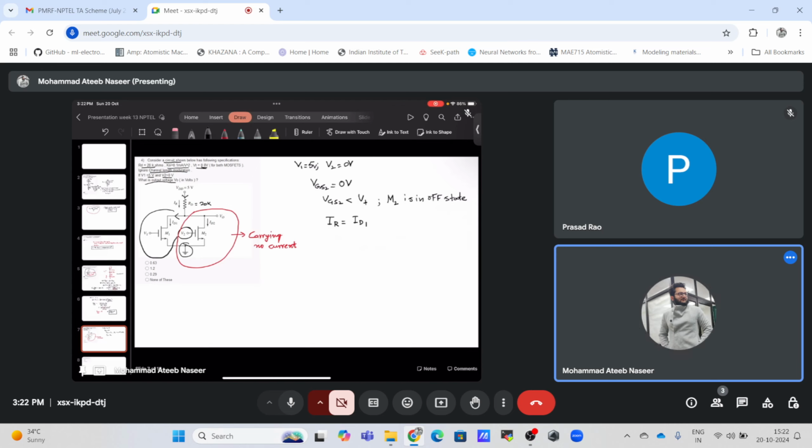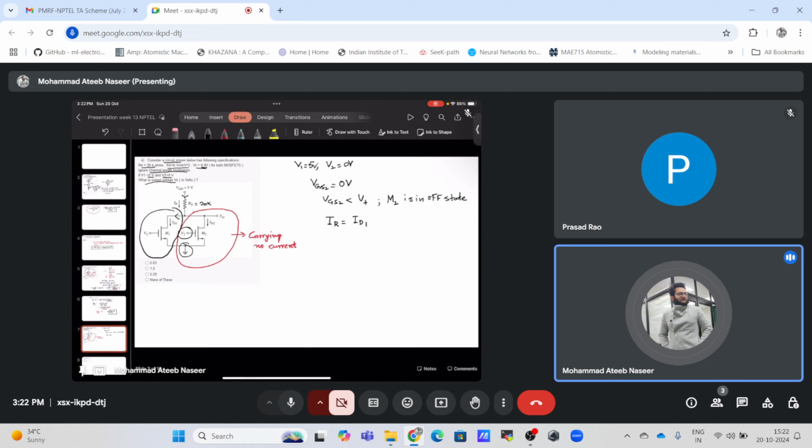IR is simply equal to ID1, and you can clearly see that VGS will be 5 minus 0.8, which will be simply 4.2.